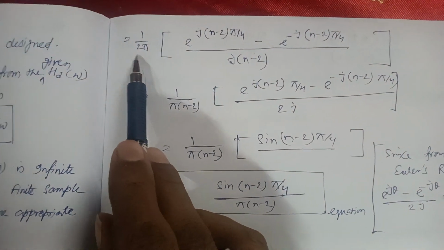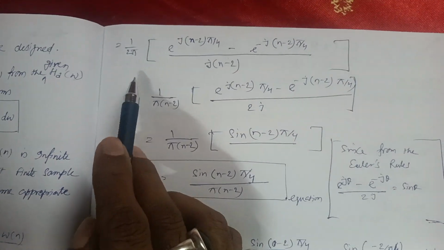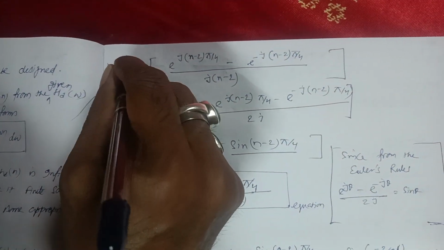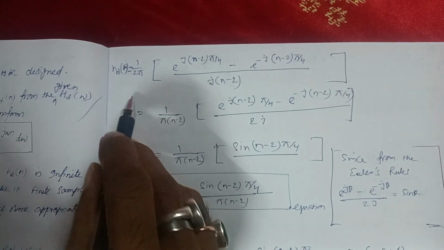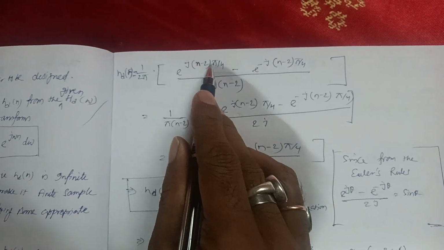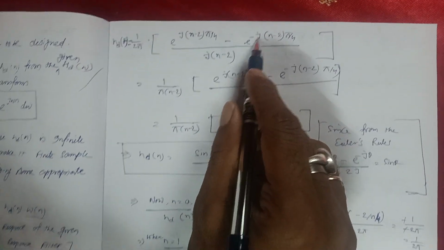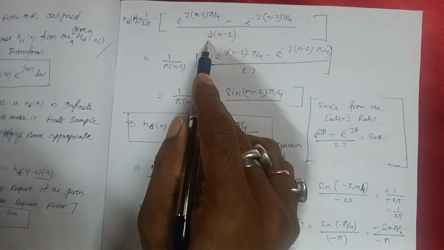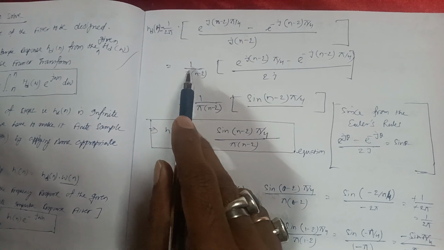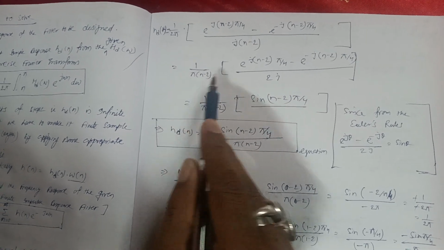So h_d of n will be 1 by 2 pi into e to the power j into n minus 2 into pi by 4 minus e to the power minus j into n minus 2 into pi by 4, by j into n minus 2.